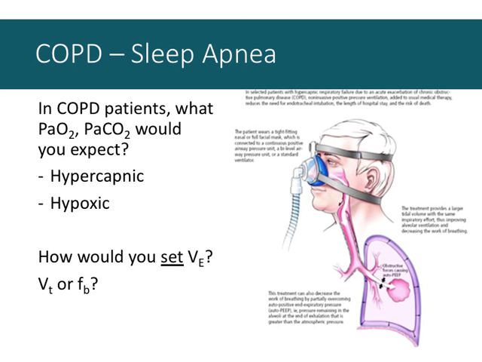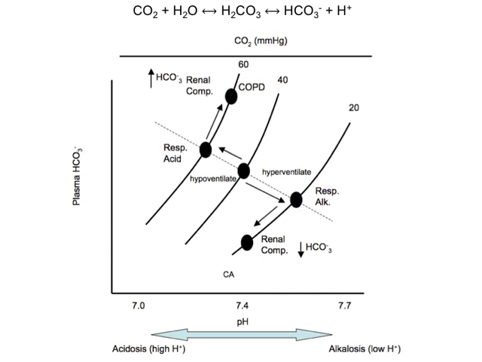Now we'd like to avoid hyperventilation, like we'd like to avoid COPD, because both of those examples of abnormal breathing can affect downstream systems in the body, specifically here, acid-base balance.